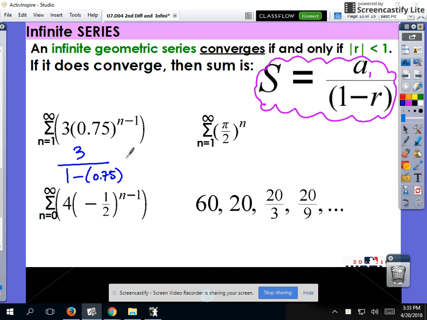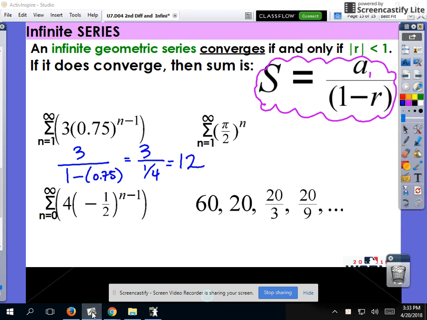So if I change that to 0.25, because you're subtracting, that would be 3 divided by 1/4, which ends up being 12, right?